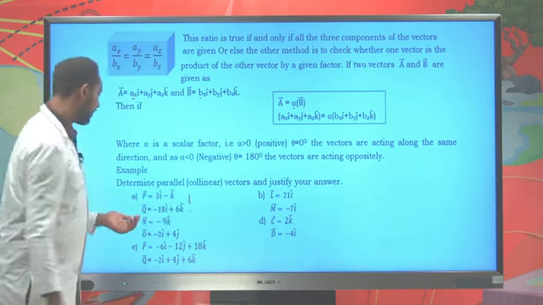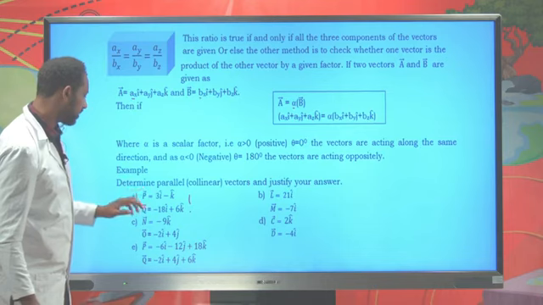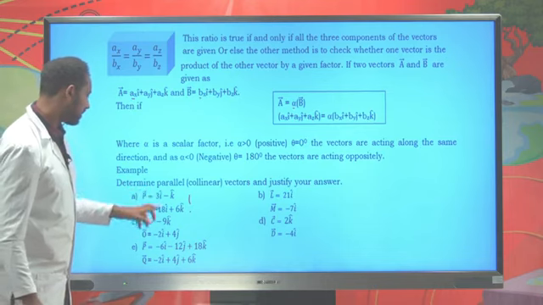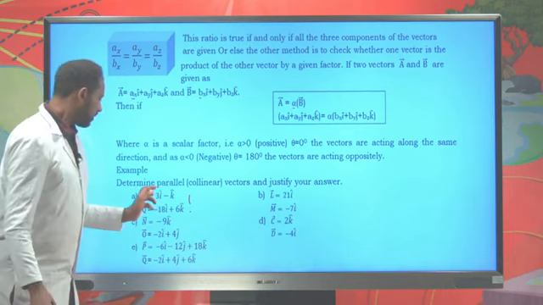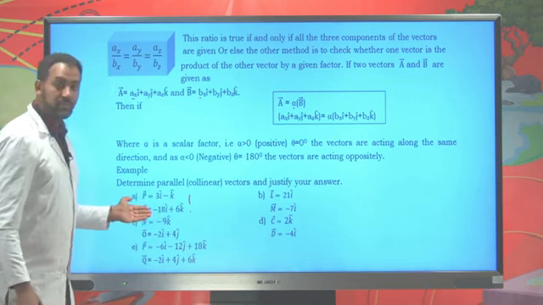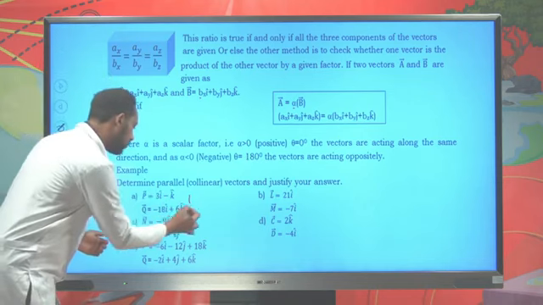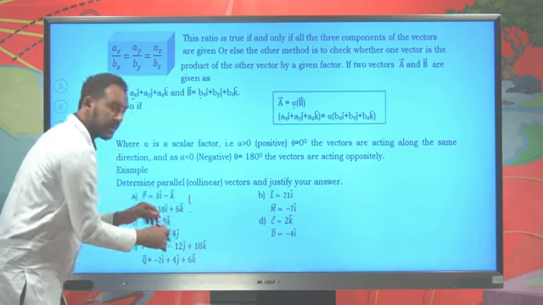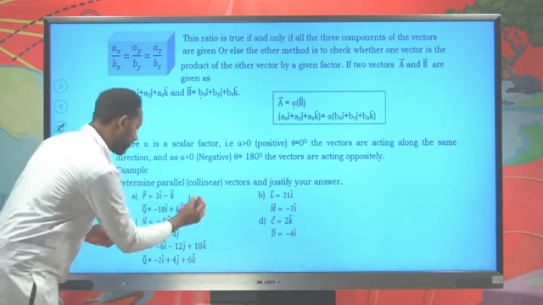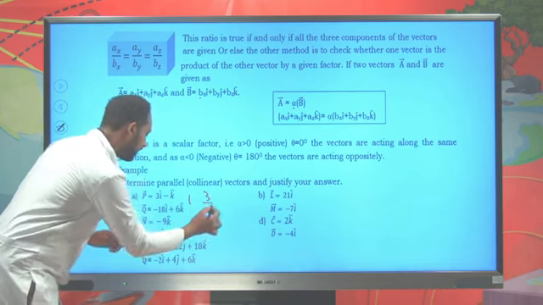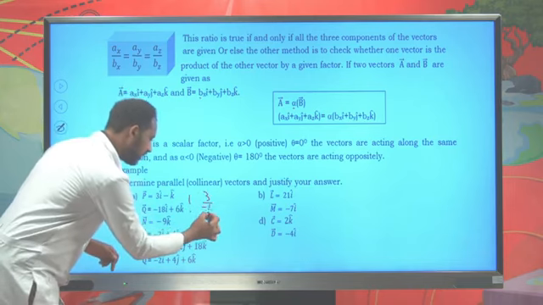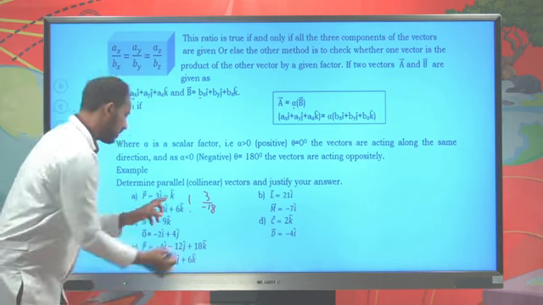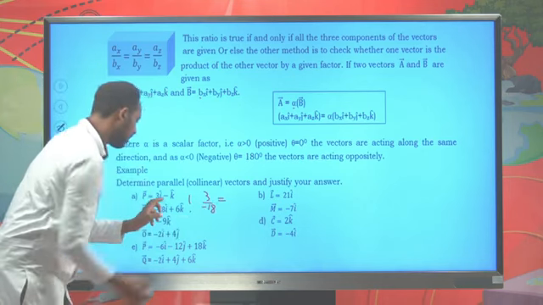Here you have two vectors, let's say p and q. p is 3i minus k. To check whether these two vectors are parallel or not, you can compare the i component with i; there is no j component; and the k component with k. Therefore, 3 divided by minus 18, and you have to check whether these ratios are equal or not.